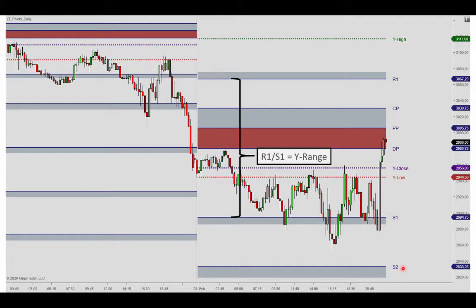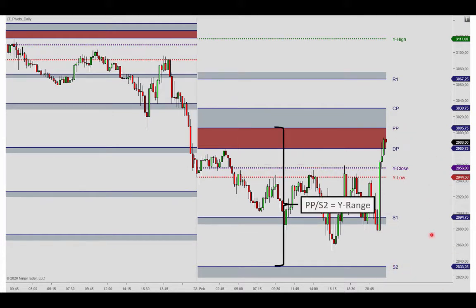As for the second support level here, the distance from the main pivot to the second support level also equals yesterday's trading range, and equally the distance from the main pivot to the second resistance level, which is just a little bit outside the screenshot here, equaling the trading range of yesterday.